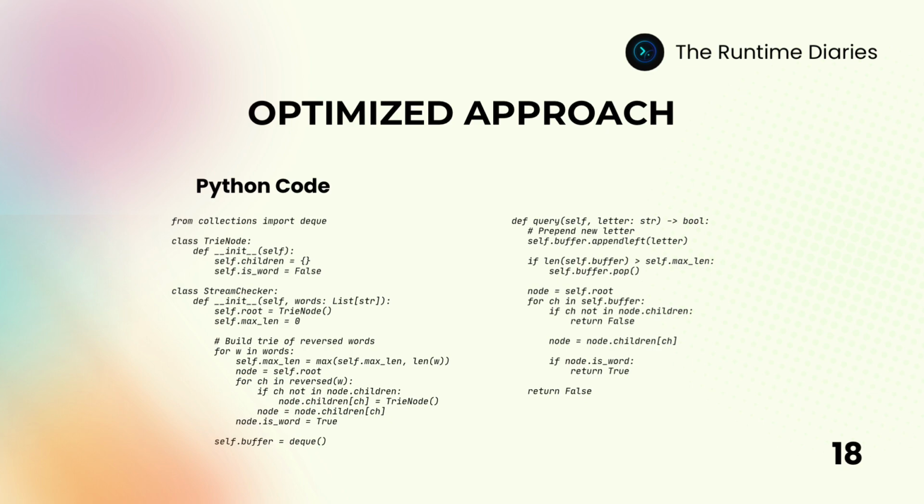We're using reversed of w to flip each word before inserting it. We're using appendleft to add new characters to the front. We walk the trie and check node.is_word to see if we've hit a complete word. This passes all LeetCode test cases easily.